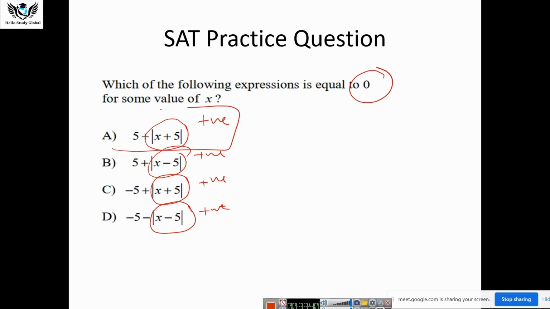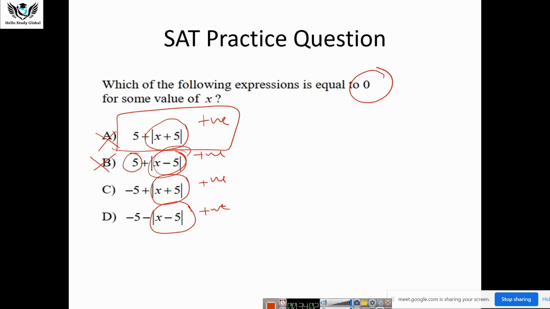Would this expression ever be equal to 0? 5 plus something positive, would this ever be equal to 0? No, right? Because 5 plus something negative can be equal to 0, that is 5 plus minus 5. This also cannot be equal to 0 because this is positive and this would also be positive. Two positive numbers added together, can they ever be equal to 0?